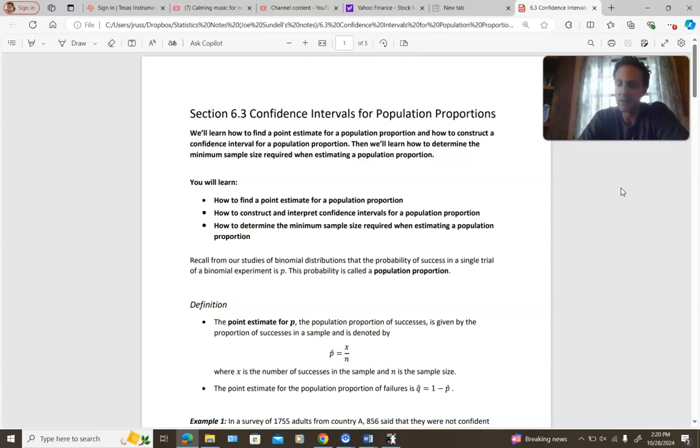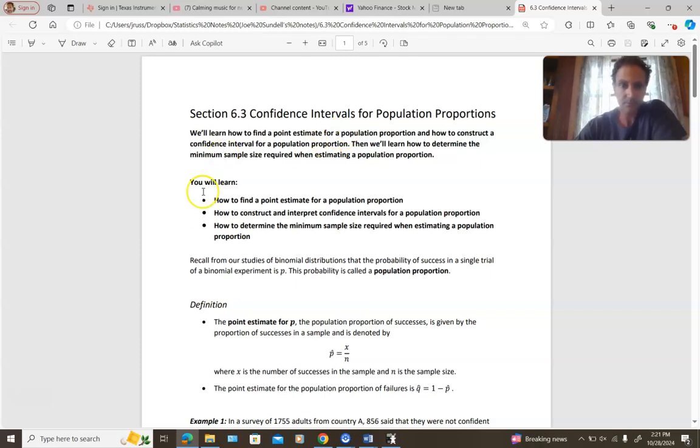It gives us a statistic, and we use that statistic to generalize about the population. But we don't actually know what the true percentage of the voting population is. The population would be all those individuals that are going to vote in the election. What is the true percentage that favor X candidate? So that's kind of what we're going to be talking about today.